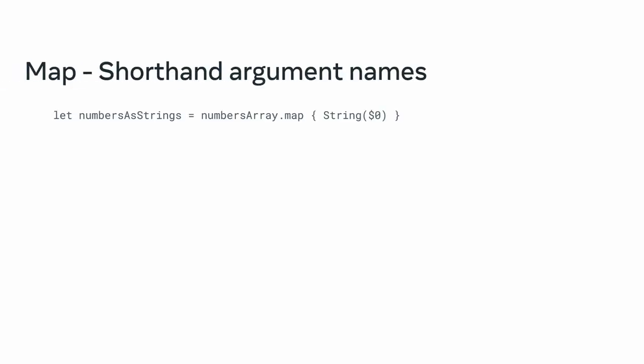Swift automatically provides shorthand argument names to inline closures. This means that you can refer to the closure arguments as $0, $1, $2, and so on. Taking the previous example where the map closure has only one argument, you can use the shorthand argument $0 to represent it automatically and achieve the same result.